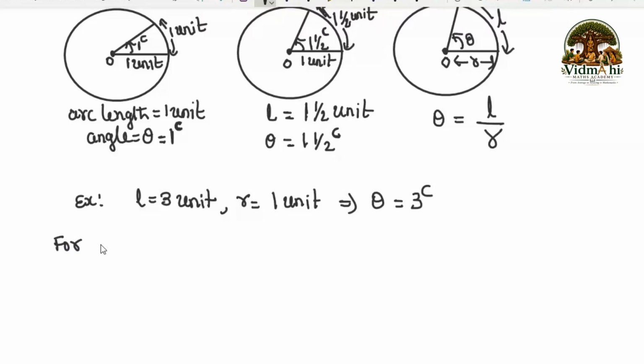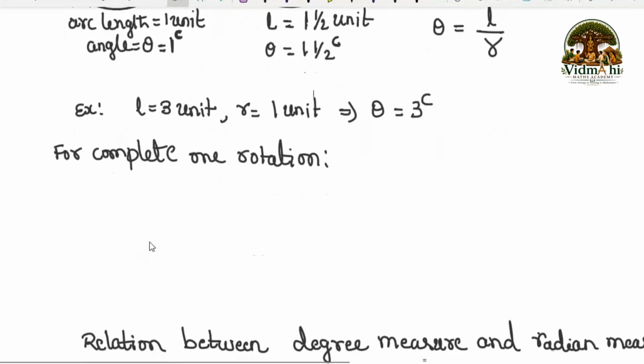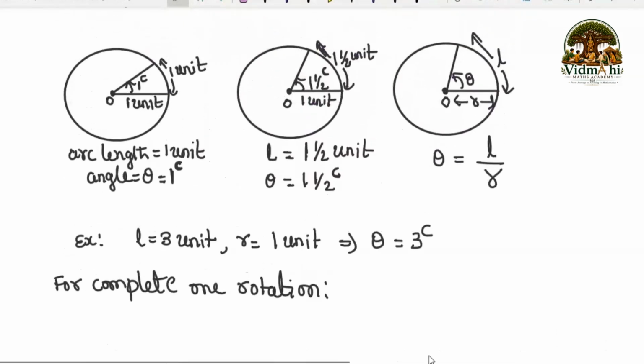Now what about a complete one revolution, or complete one rotation? For a complete one rotation, we consider the boundary of the circle. Observe that for the first diagram the arc length is 1 unit and here it is 1.5 unit.